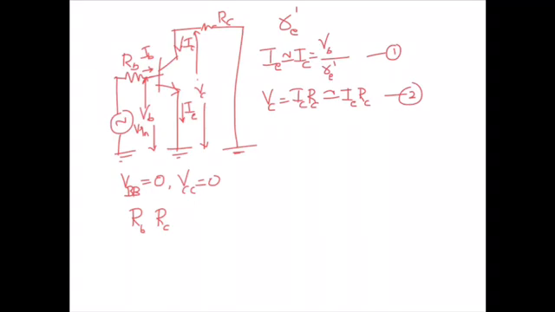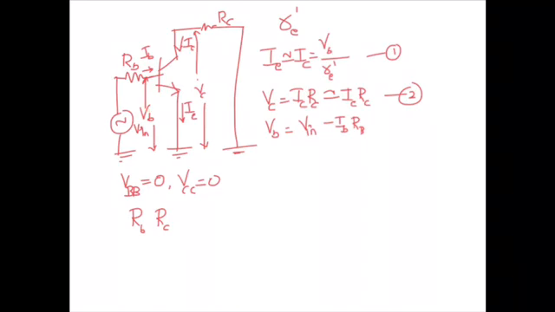And also we have VB equal to Vin minus IB into RB. According to the circuit diagram, Vin minus IB into RB results in VB.